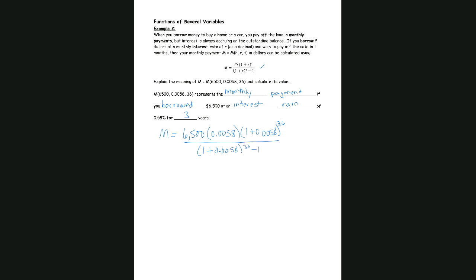Here you have to be careful. You need to add an extra set of parentheses in the denominator. You don't need it in the numerator, but you definitely need it in the denominator. Some people like to put it up here. You don't have to use that extra set, but you definitely need it in the denominator. You calculate this value. It's approximately, again, you round to the nearest hundredths, $200.58.